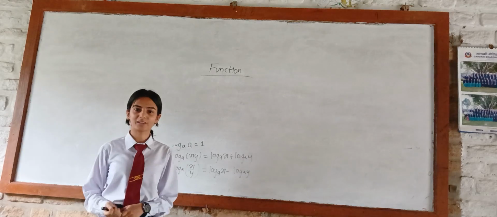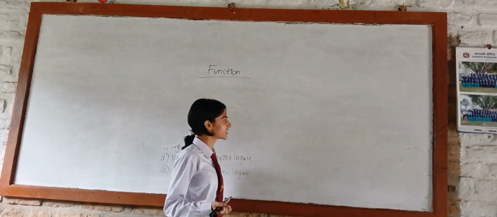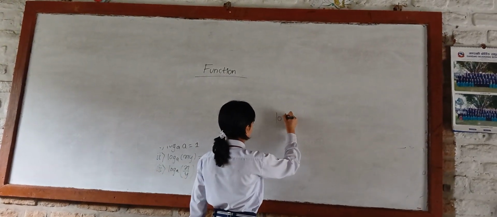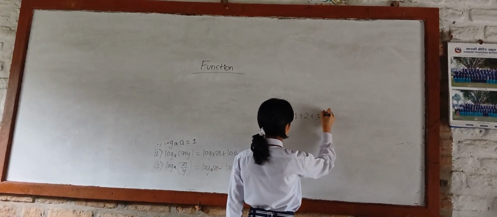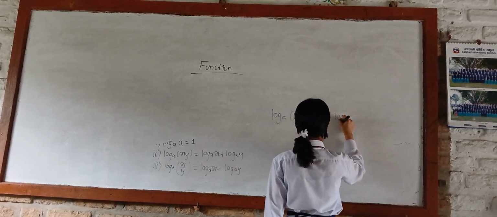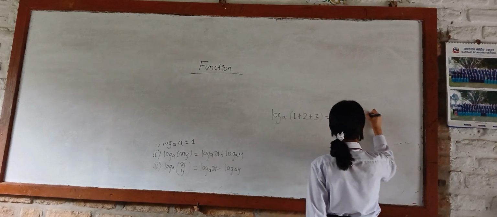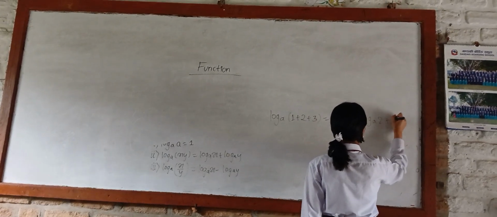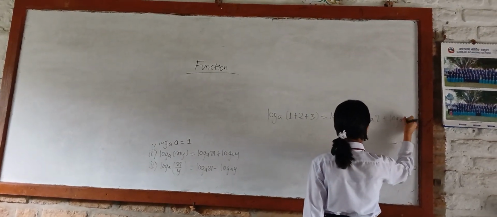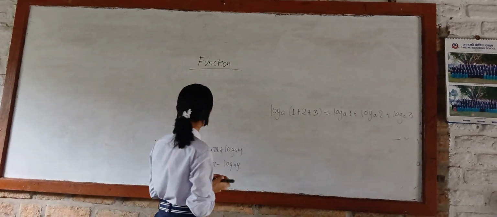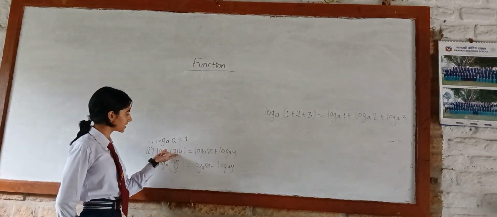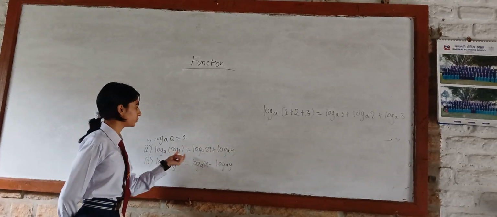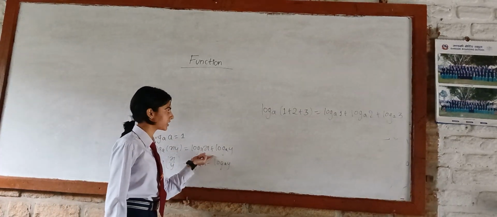Now let me solve a problem which includes a trick that everyone should know. From this property, we can see that if these numbers are in multiplication form, we can simply separate them by an addition sign.